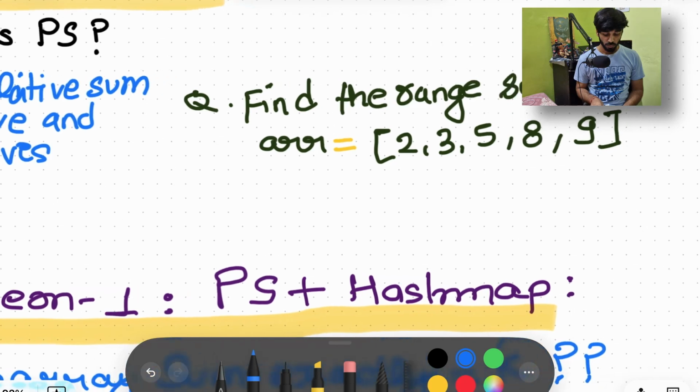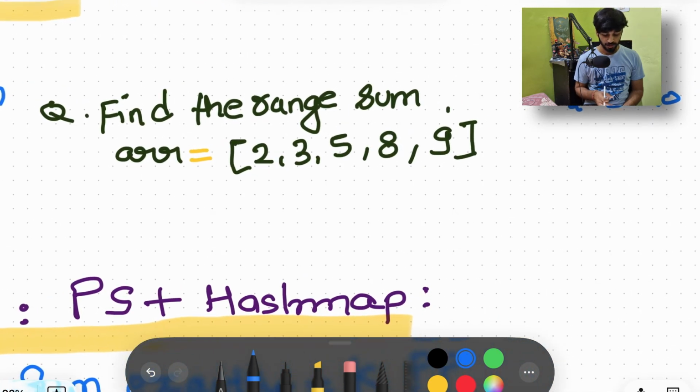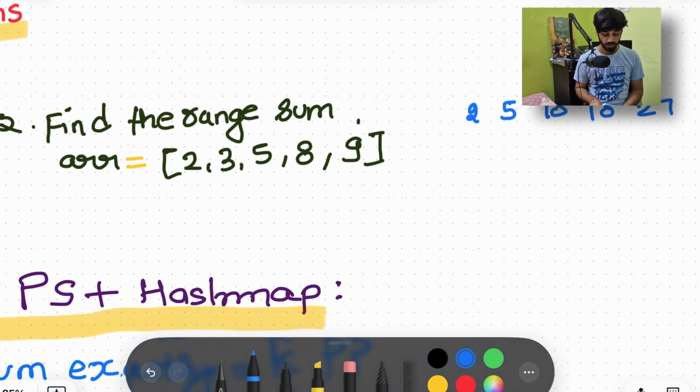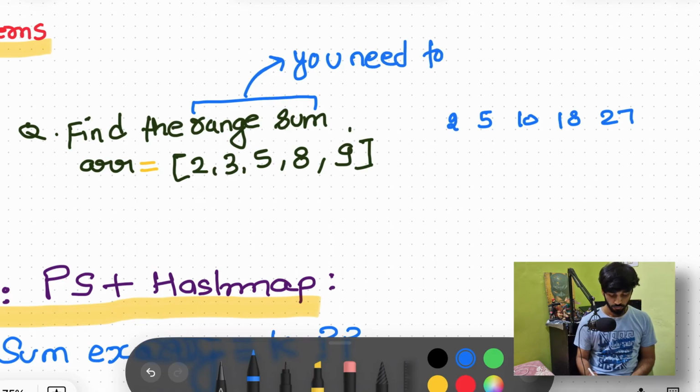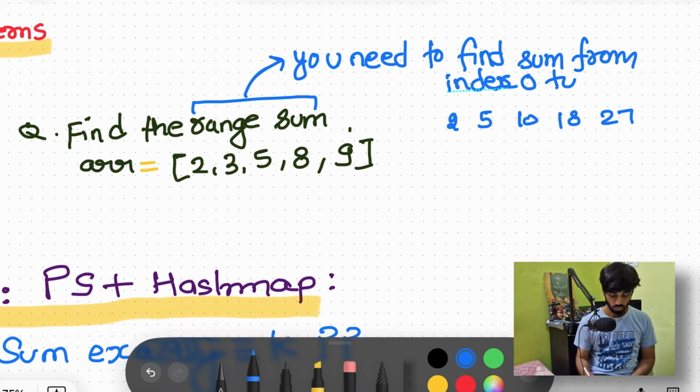If I give you an example, here is an array 2, 3, 5, 8, 9, and we need to find the range sum. What is a range sum? If I tell you that you need to find the sum from index 0 to 2, or you can say 1, 2, 3, so from here to here you need to find the sum of the indices.